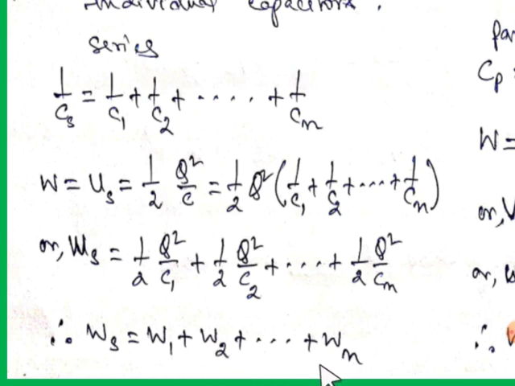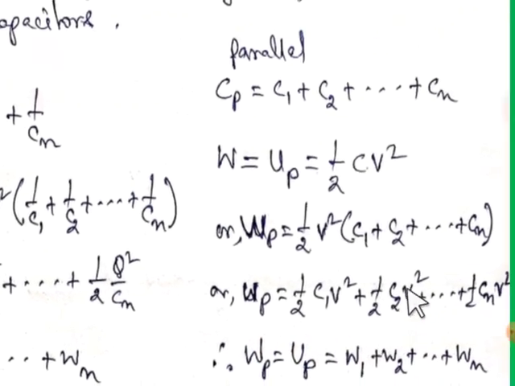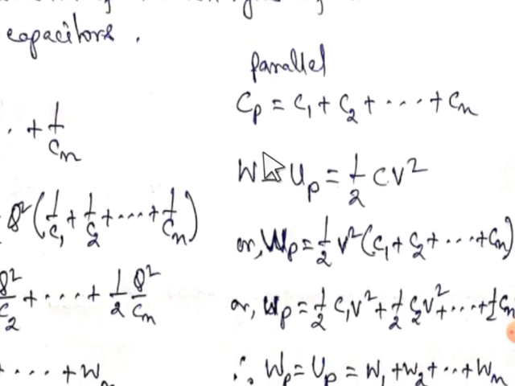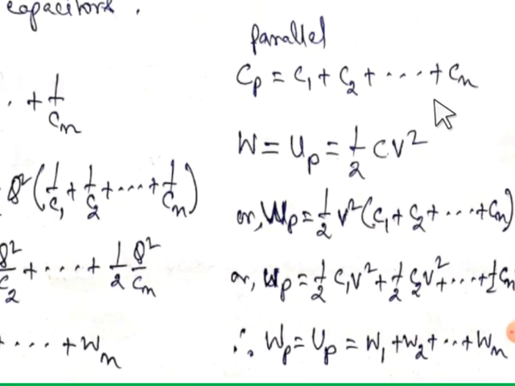Got it? So let's see the case of parallel. We know that in a parallel combination, the equivalent capacitance is the sum of the individual capacitances, so Cp equals C1 plus C2 plus C3 and so on. In the previous slide we found that the total potential energy is half Cp V squared.